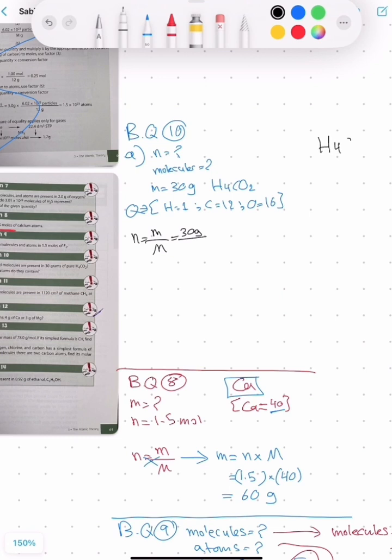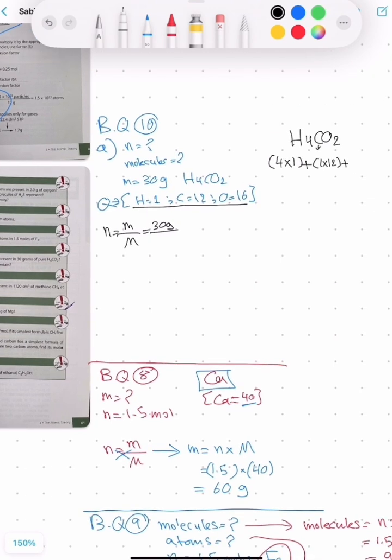It's H4CO2. Listen carefully. So we have 4 atoms of hydrogen. Hydrogen is 1 here, plus, go to the second one. Carbon, it's 1. How much is it? 12. So 1 times 12, plus, go to the third one. Oxygen, it's 16. How many do we have? 2. 2 times 16. And you will have the answer.